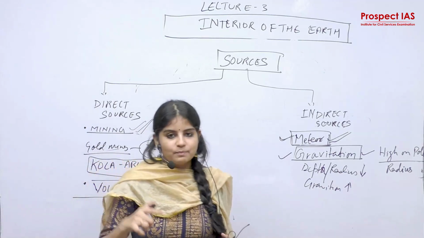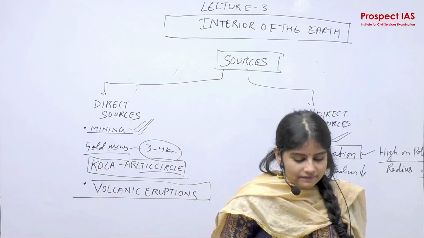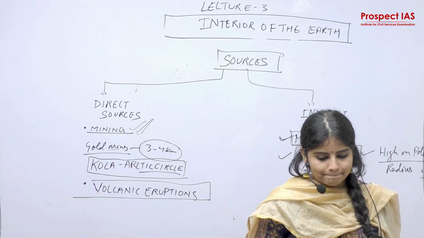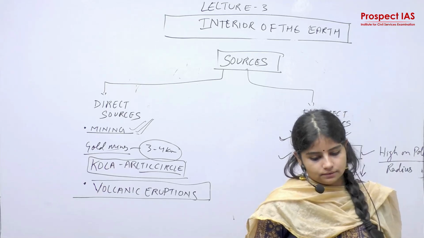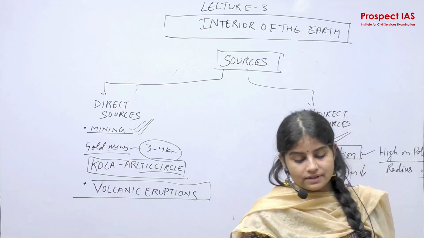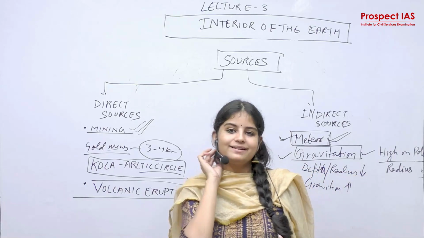So you can write this point. Online students also write down. Gravitation is high on poles and less on equator.